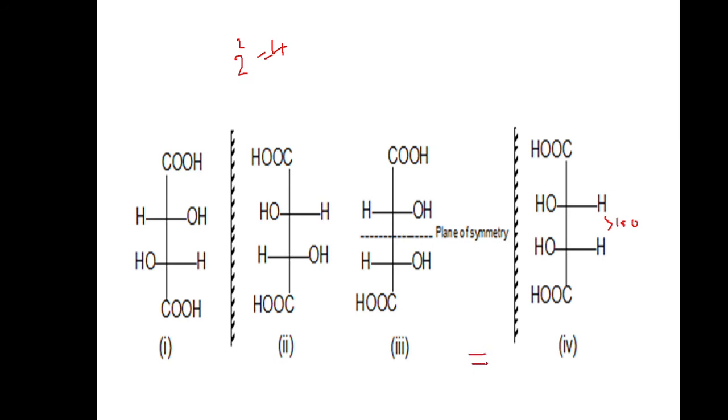So we can consider these two structures as one. Both are the same. So instead of 4 stereoisomers, tartaric acid shows only 3 stereoisomers. Next, let's discuss the optical activity of these isomers.